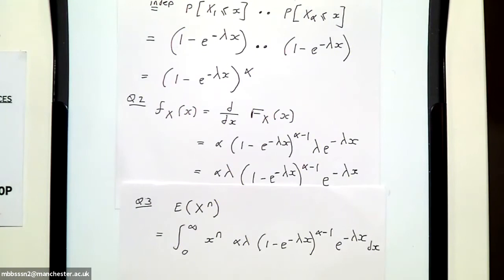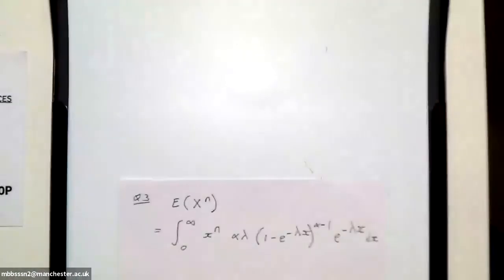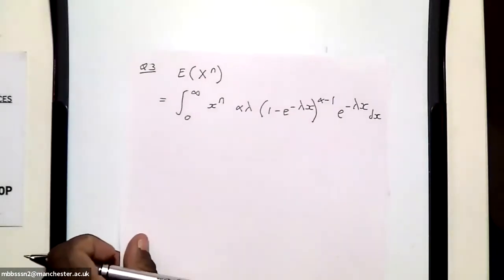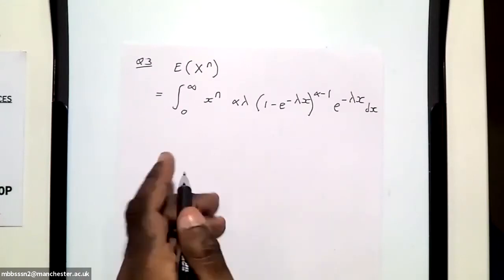All right. So you need to basically work out this integration. Obviously, integration is something that you learn by experience. So there's no rule for doing integration. There are many ways you can do this integration, but I would do it like this. First of all, let's take the constant alpha lambda outside.